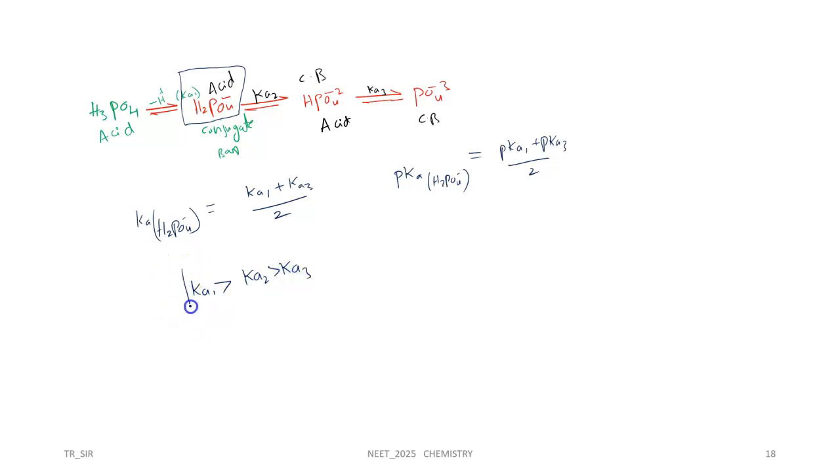Why is this happening? Because Ka1 is maximum: we are removing H plus from a neutral compound, and we need to give more energy. That is the reason Ka1 is more, then Ka2, then Ka3.